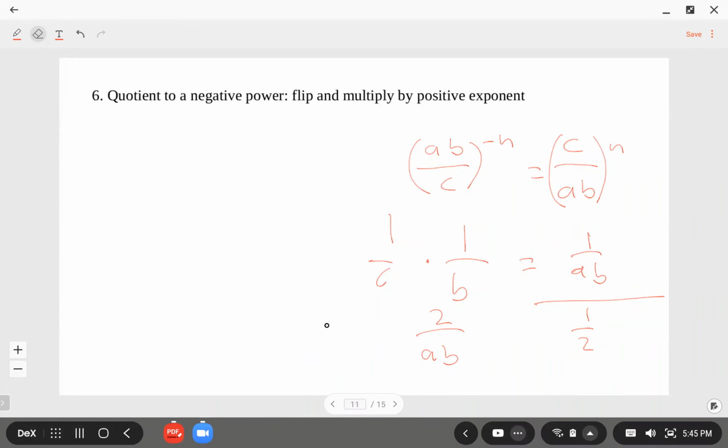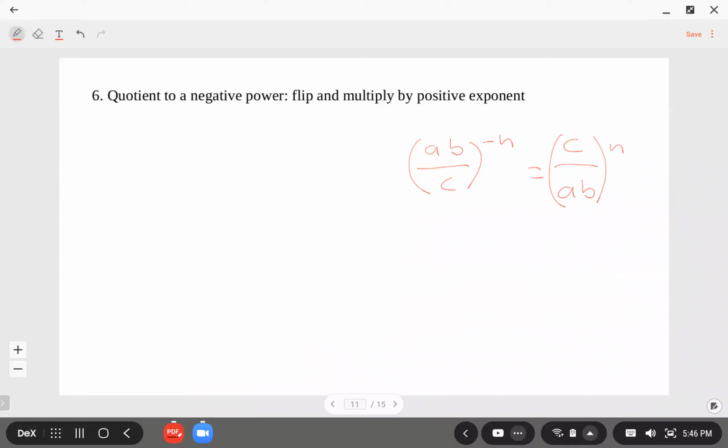So what does it say here? Flip and multiply by the positive exponent. Actually raise up to the positive exponent. So flip the whole thing in the parentheses and raise it to the positive exponent. And that will be very helpful when you're solving problems like these.